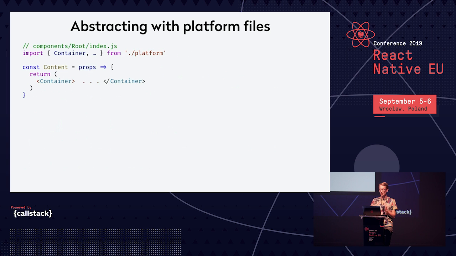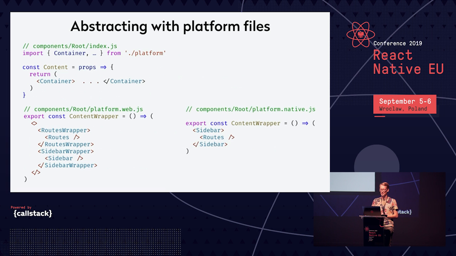So what we'll do is have one index.js file with everything that's shared, and then we extract the differences into platform.web.js and platform.native.js files. When there's just enough of them that it's kind of ugly to if-else it. And then you put all of the differences there. So sometimes that's a small helper component, sometimes that's a helper function or a hook, and you import that from index.js.